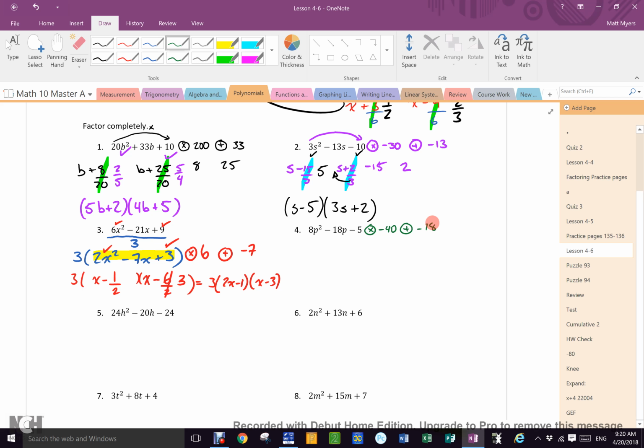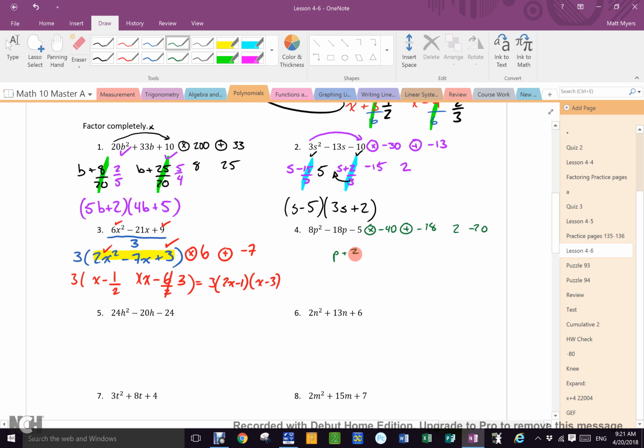Is it 1 and 40? Is it 2 and 20? Yes. How will 2 and 20 get me -18? 2 minus 20, correct? So it's p plus 2, but it's not really plus 2.